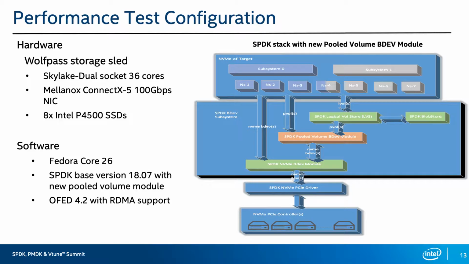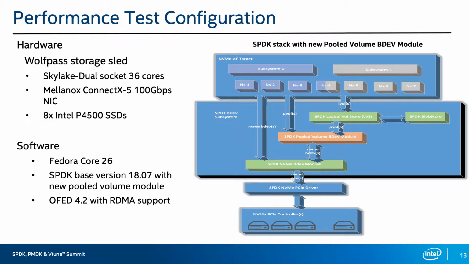So, on the top, we have our NVMe over Fabrics target, and we're showing a couple of subsystems, and it goes into the BDEV subsystem. I'm sure that some of the guys here are probably much more fluent in this. But we have a couple of paths in, right? We can come straight into the BDEV and go right to the NVMe BDEV module. That's what they're showing for the fastest possible performance.